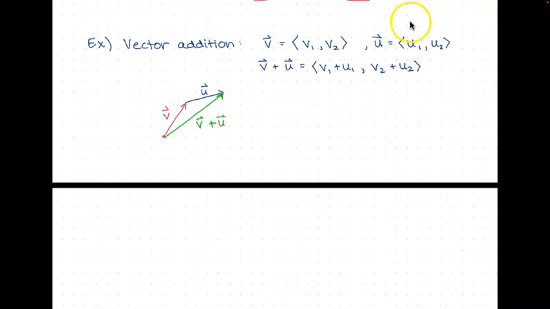So then, given vector v has the components (1, 2), and vector u has the components (-1, 1), sketch 2v plus 3u.